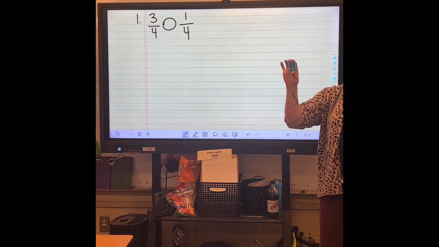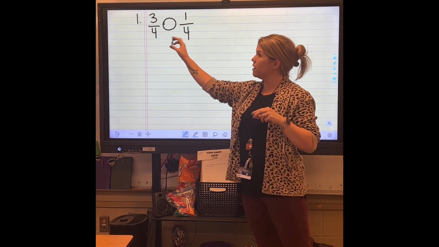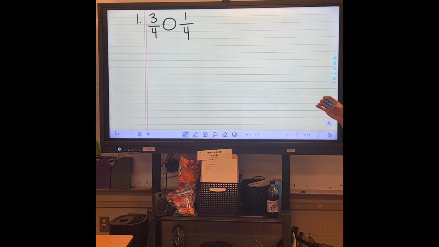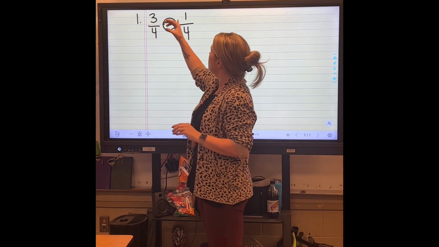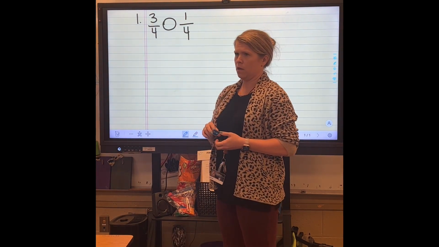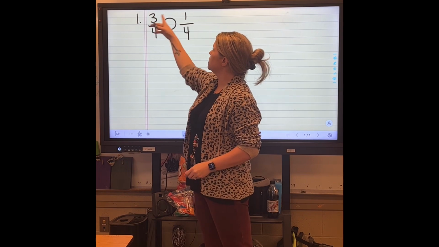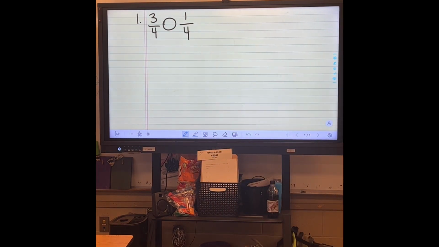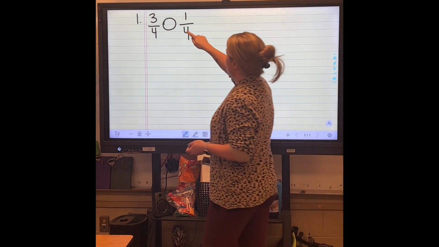When the denominator is the same, I just compare my numerators like normal. Which number is bigger, 3 or 1? 3's bigger, so it's the one that eats.